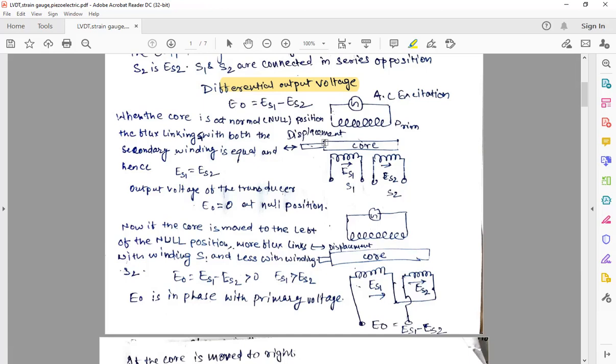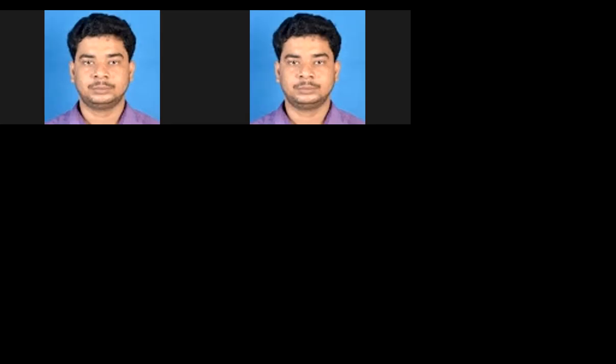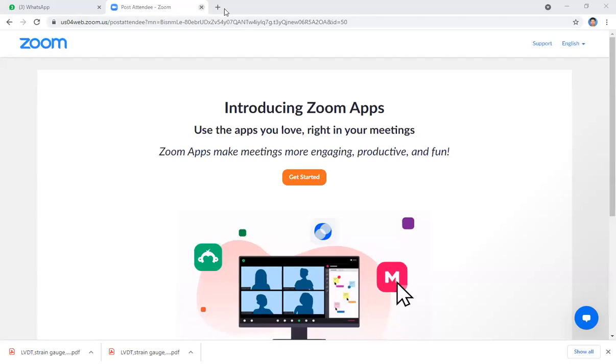You cannot move a transformer core 0.1 meter or 0.1 kilometer. So LVDT is used for a fractional displacement of a core, and its range is not so high. So now I have to show a practical type of LVDT.